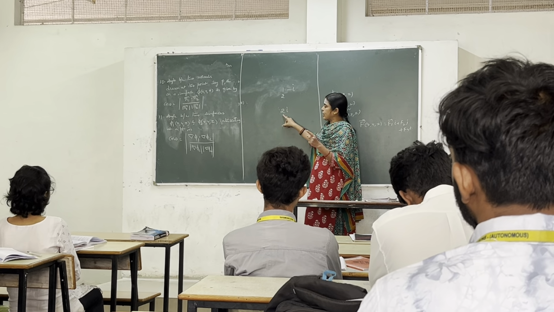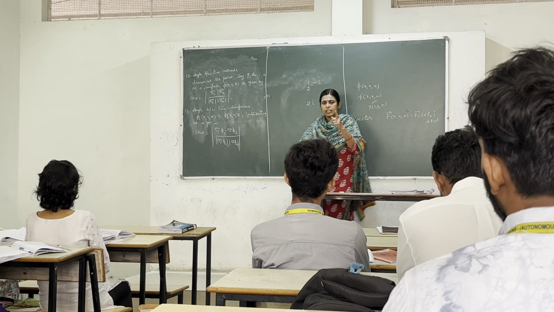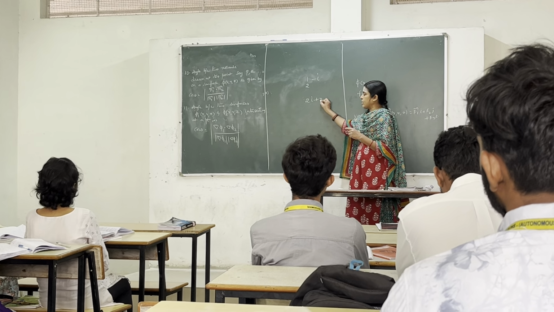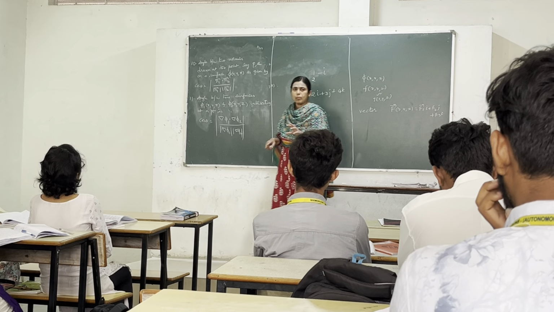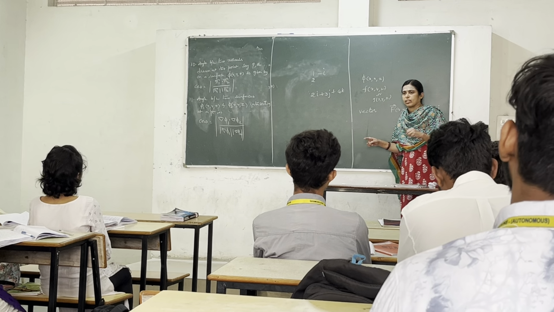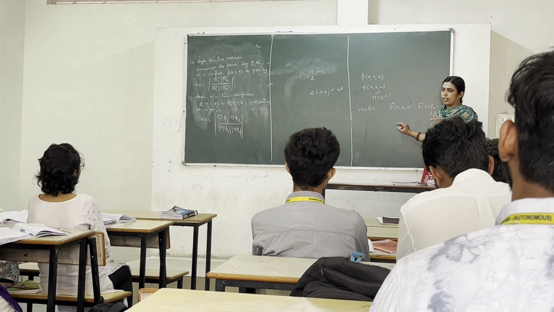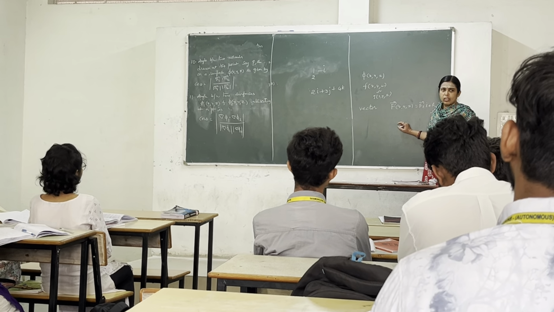What is the unit vector along the y-axis? Then along the z-axis I moved 4 steps. This is called a vector because I got a direction there. I am moving in a particular direction. It has got direction as well as magnitude. It will have a value. So it is called a vector. A vector point function is nothing but a function which has got both magnitude and direction. That is the second definition I gave.